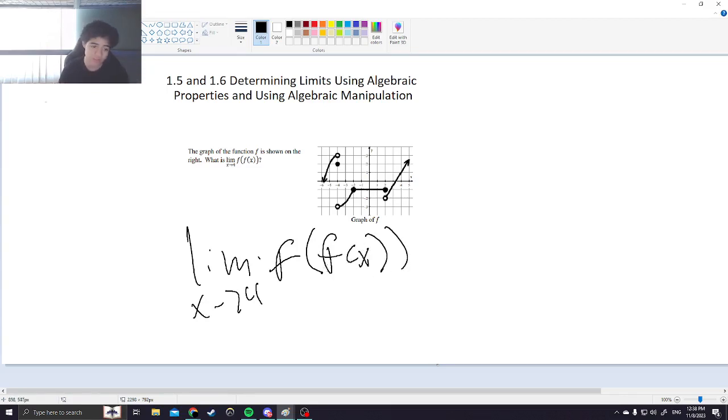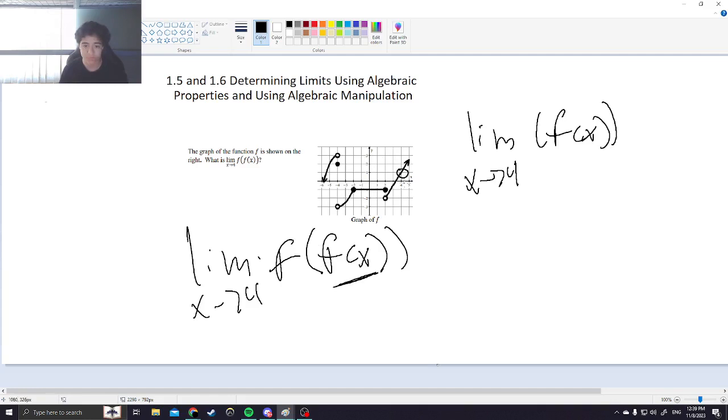Compound functions means you look at the first one first and then you look at the second one. So as always, we're doing limit first. So what this means is you find the limit of f of x, because it's inside the parentheses, what you're doing first. So limit x approaching 4 of f of x, because we're solving inside of the parentheses first. So what is that? On the graph at 4 is 1. Okay, cool. So this is 1.